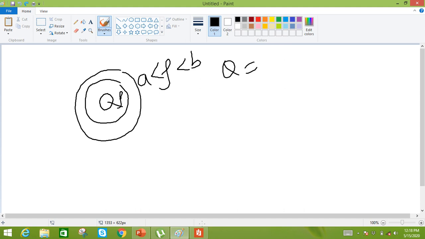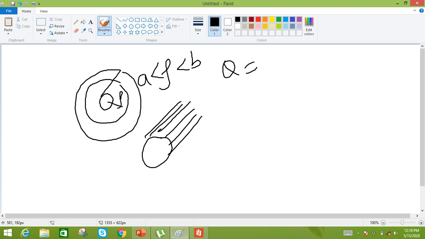Let's suppose we have this conductor, the inner conductor. How much charge will be contained over the surface of the inner conductor? It will be equal to the surface charge density into the area of the inner conductor.